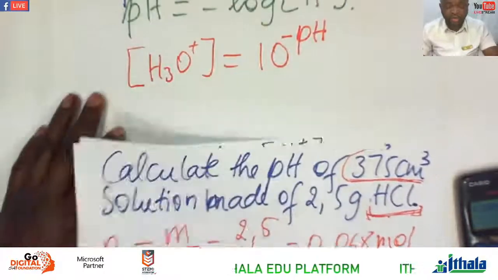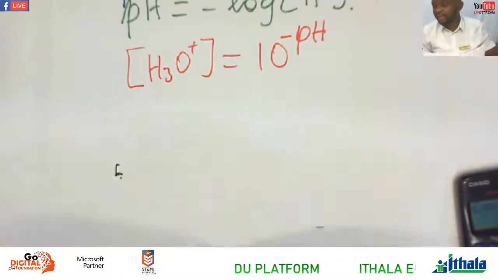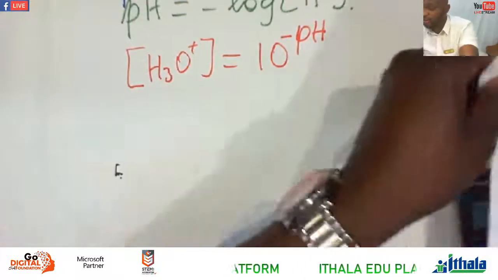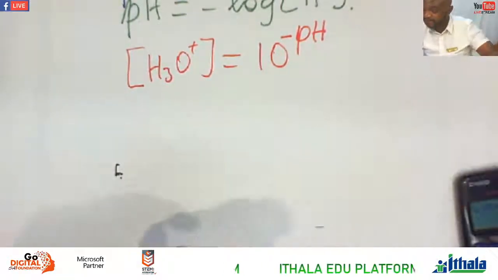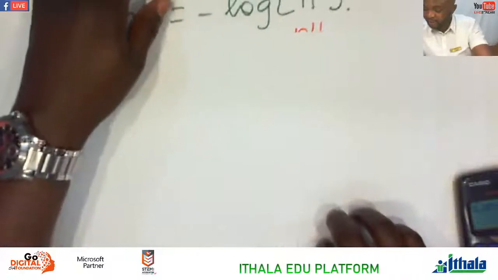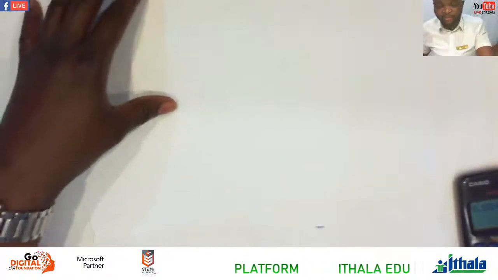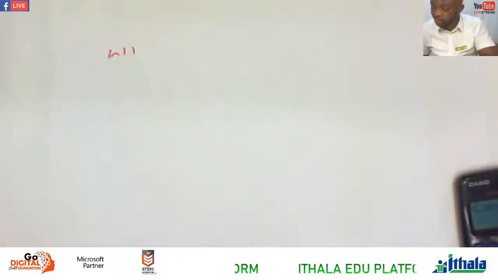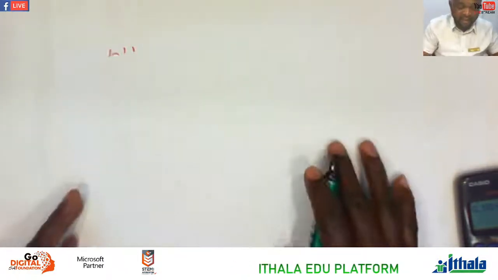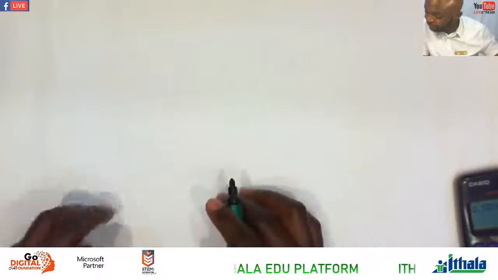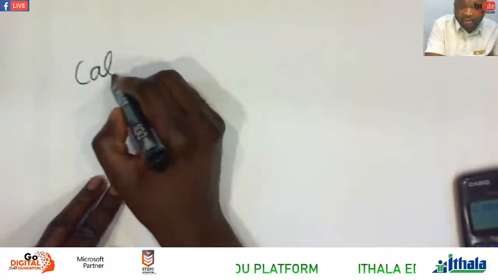What if now you have to calculate a pH ye base? What if you have to calculate the pH of a base? Right. Now, let's take another example. In a pH a base is we calculate the pH. Right.